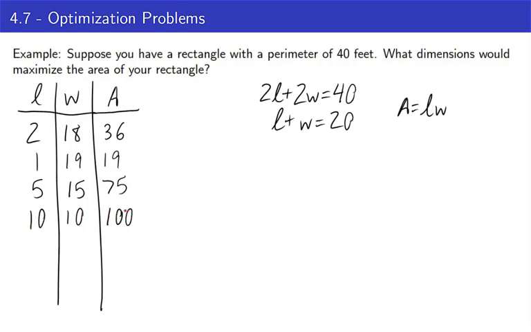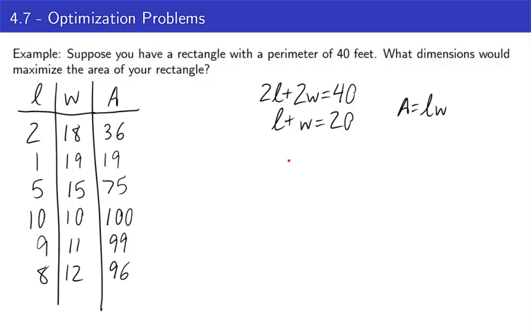Then the area is 100. Maybe we could try, say, 9 and 11. Then the area is 99. Maybe to try one more, 8 and 12, I get an area of 96. So just by trying some different dimensions that give the rectangle a perimeter of 40 feet, it looks like 10 by 10 has the biggest area.